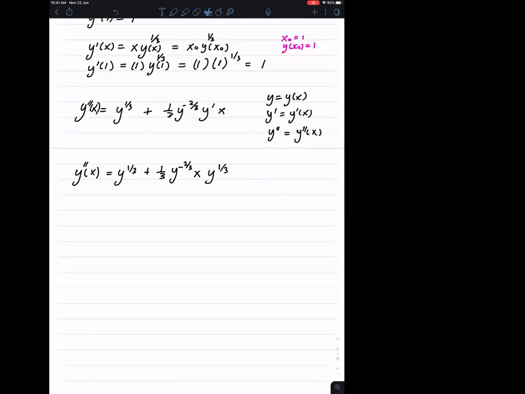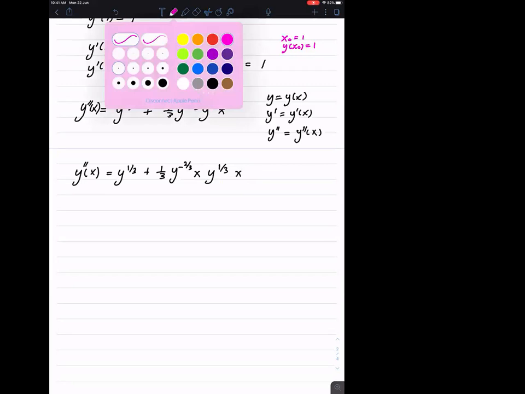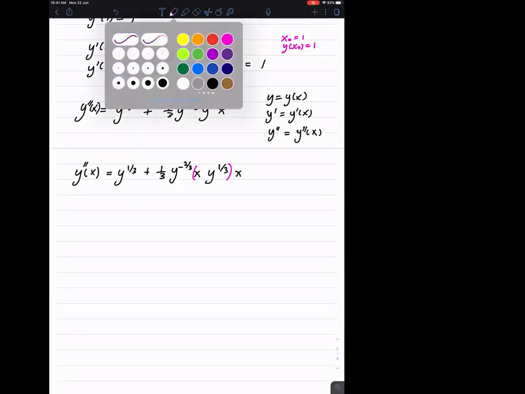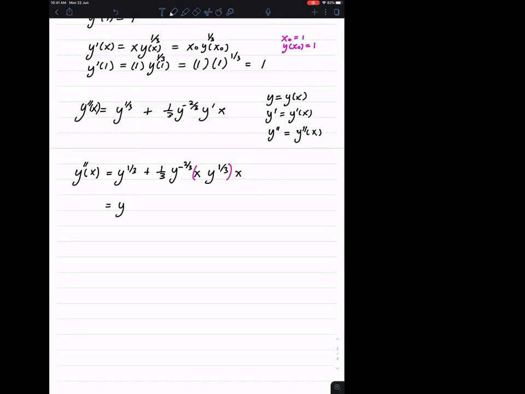As I said, you don't have to do this, but in the later part, when you have replaced the y prime with this, y^(1/3) plus 1/3, x times x is x squared, and then y minus 1/3.